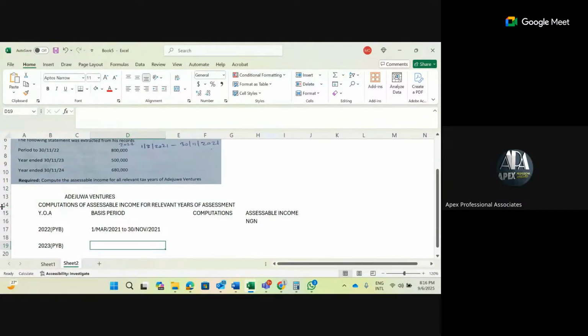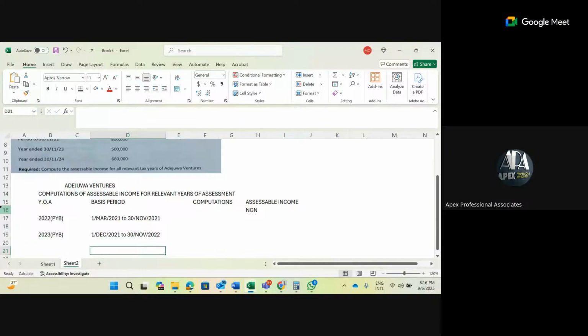2023 year of assessment. What is going to be the basis period? It's going to be from 1st of December 2021 to 30th of November 2022.